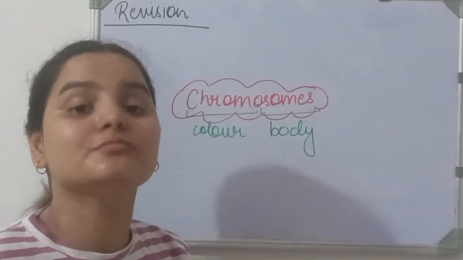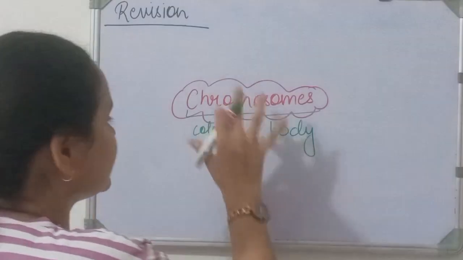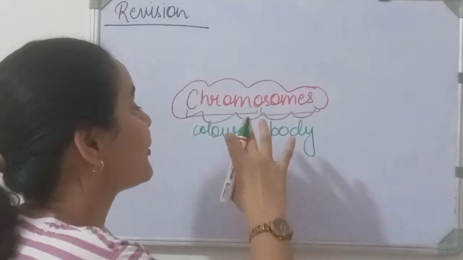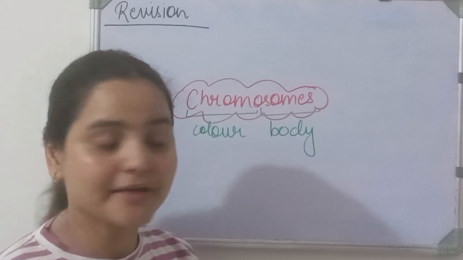So chromosomes are colored bodies. They take up stains. We also studied that chromosomes are highly condensed coiled chromatin fibers.